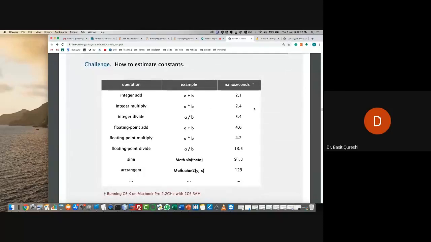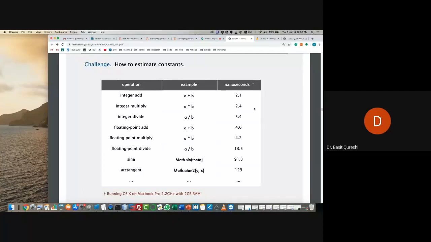All right. This is information taken from the other textbook. It's just showing you some examples of experimental runtime for some of these operations. We did these experiments on a MacBook Pro with a 2.2 gigahertz processor and 2 GB RAM. Of course, it's an old computer.